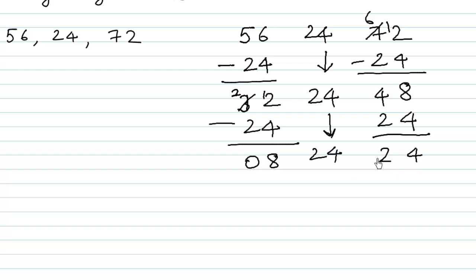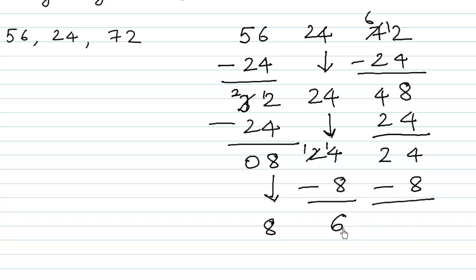Now tell me, which is the smallest number? Of course, 8 is the smallest number. So we're going to write down 8 as it is, and we're going to subtract 8 from the other two. So 4 minus 8 is not possible. So 14 minus 8, and that is 6.